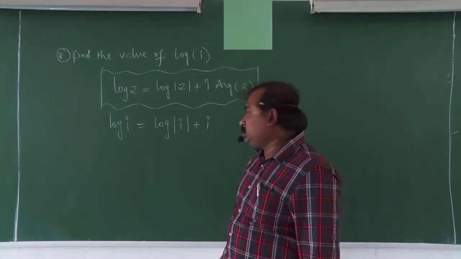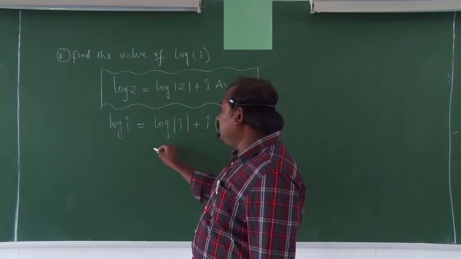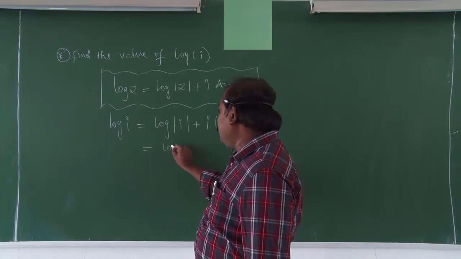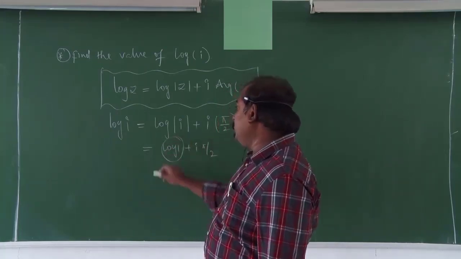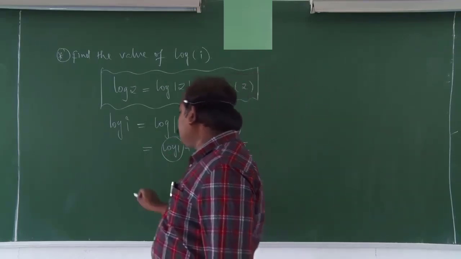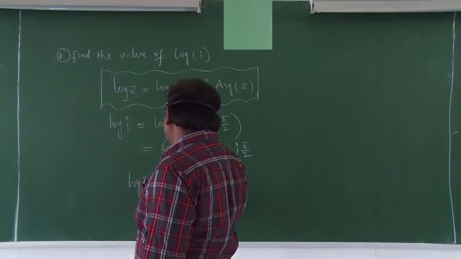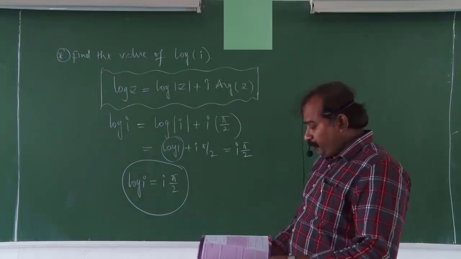So the argument is pi by 2, and modulus of i is 1. So the value is logarithm of 1 plus i into pi by 2. Log 1 is 0, so the total value is i pi by 2. The important point: logarithm of i is equal to i into pi by 2. Remember this point also.